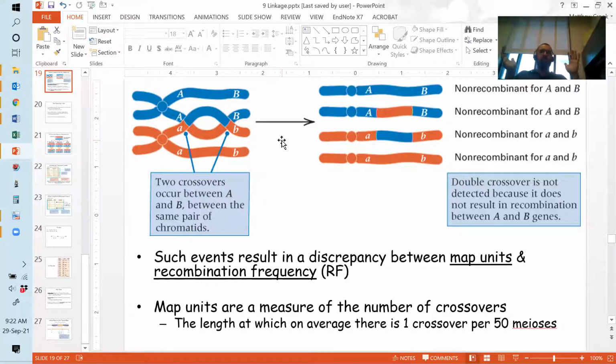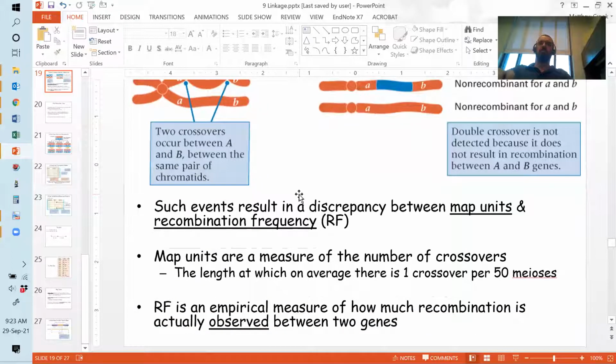And so physical distance and genetic distance kind of get unlinked, right? They don't work so well. And again, this is simply because recombination frequency is what you observe, right? So if things go on which you cannot see, and those things are occurring between your two genes, you'll underestimate how much recombination is actually going on.